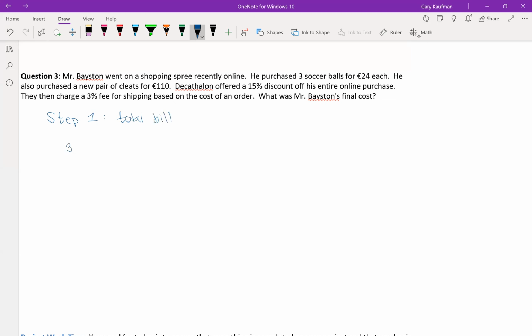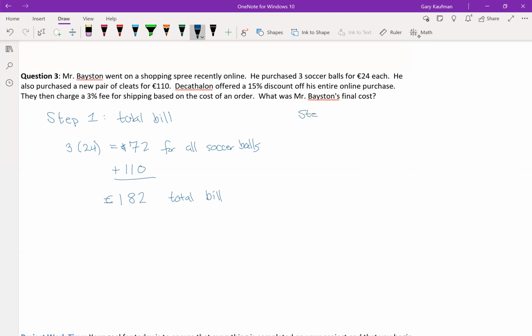So I say, okay, well, 3 times 24 soccer balls. This is 72 euros for all soccer balls. I'm going to add the 110 he spent on cleats, and I get 182 euros is his total bill. Again, write a few words because it's going to allow you to stay more organized with what you are doing.